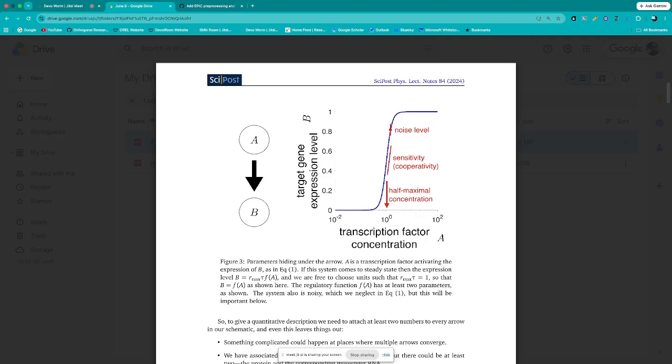And as A increases, this is the transcription factor concentration at A, and transcription factors are produced here. It's usually some gene or some other thing that's being transcribed, producing mRNA, and it's building up at a certain level.